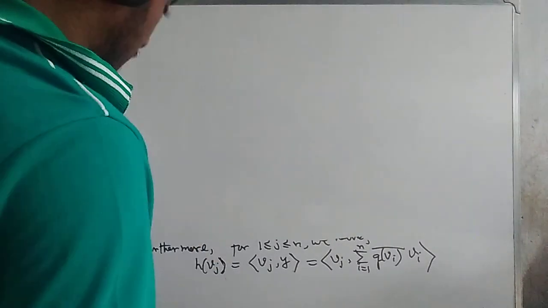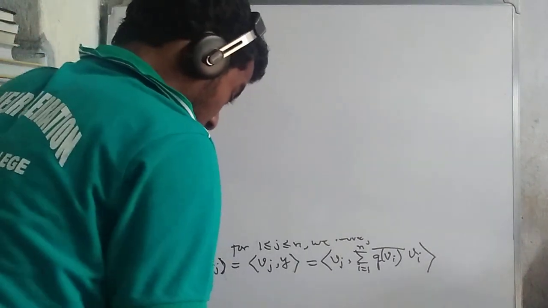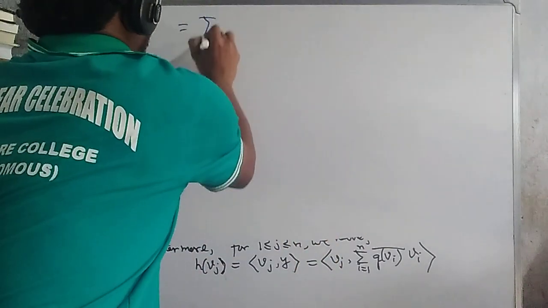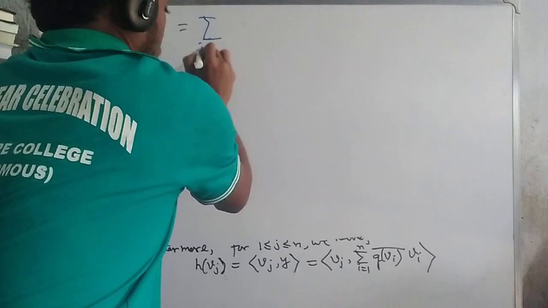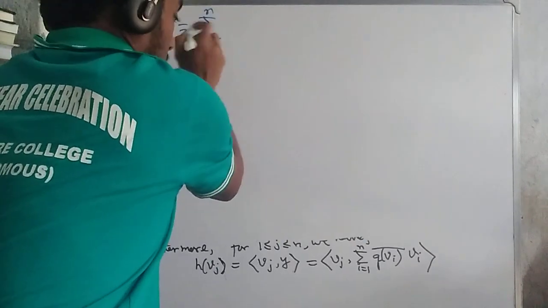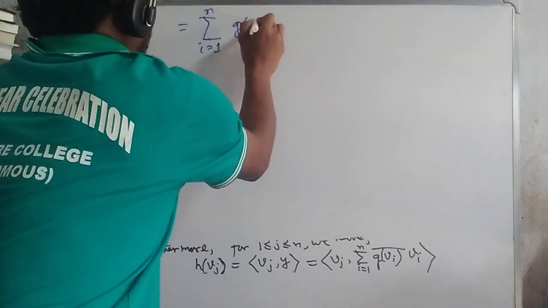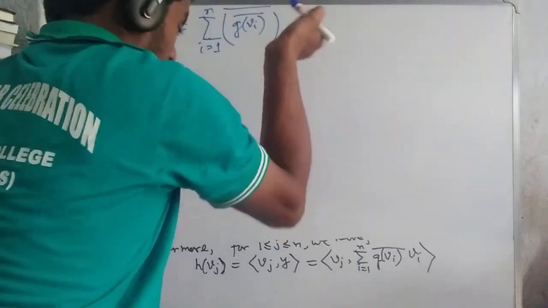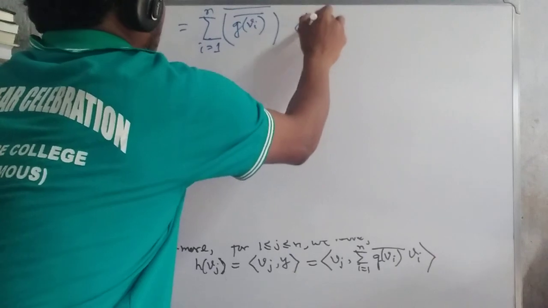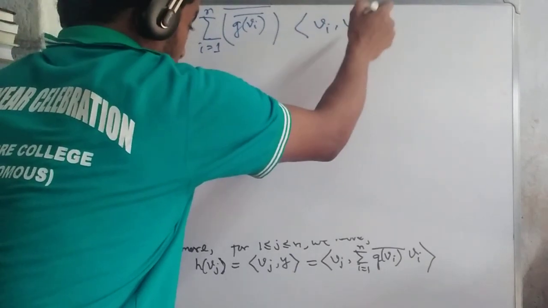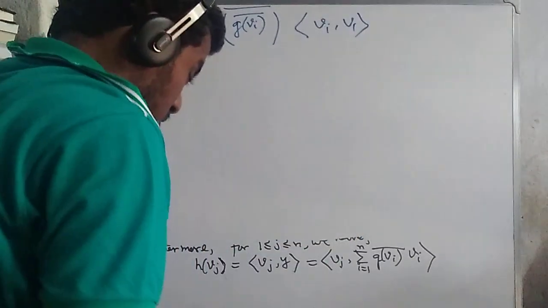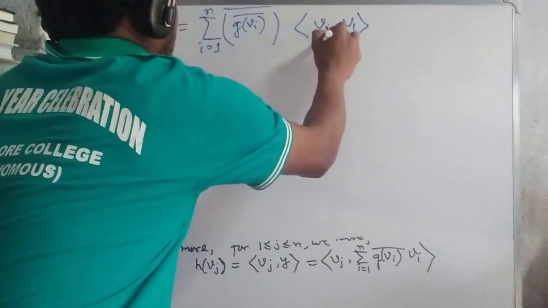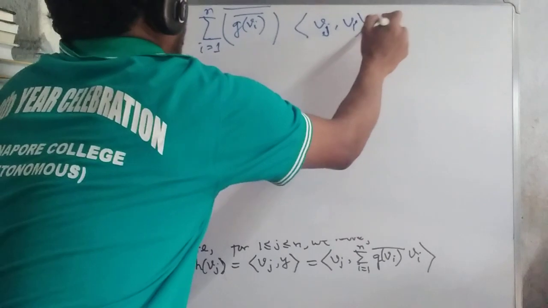Now here we write it this way: we also discuss this one equal to the sum from i equal to 1 to n of g of v_i, conjugate, whole conjugate. Then what happened here, v_i? Then v_j, v_i.